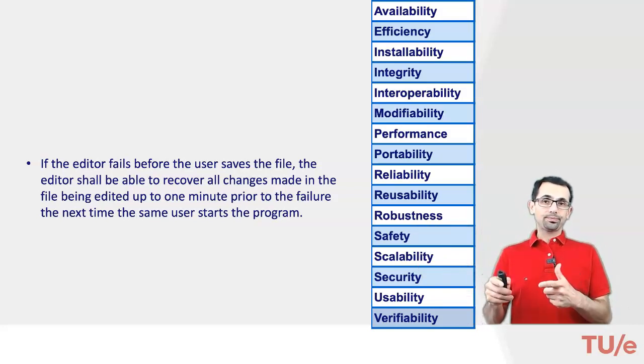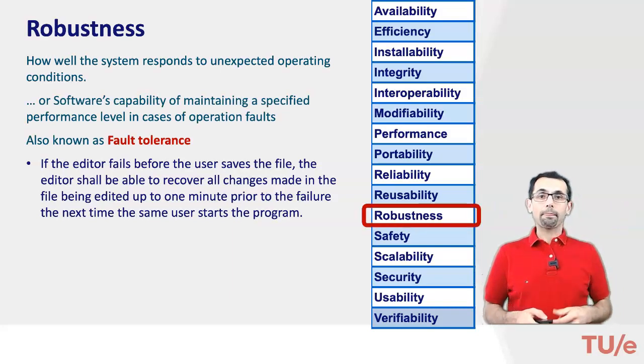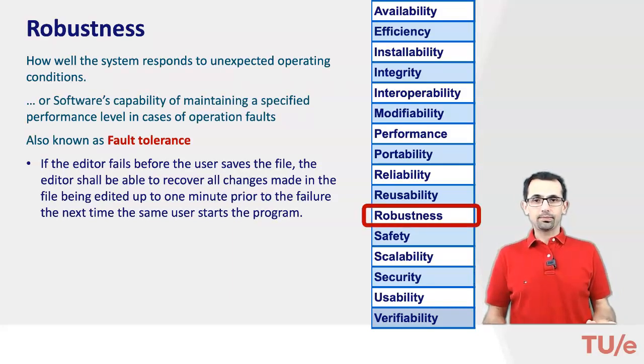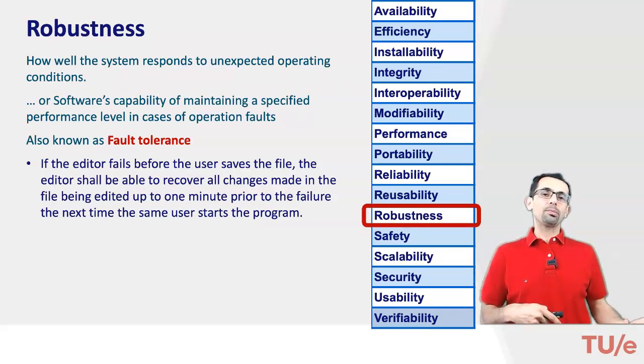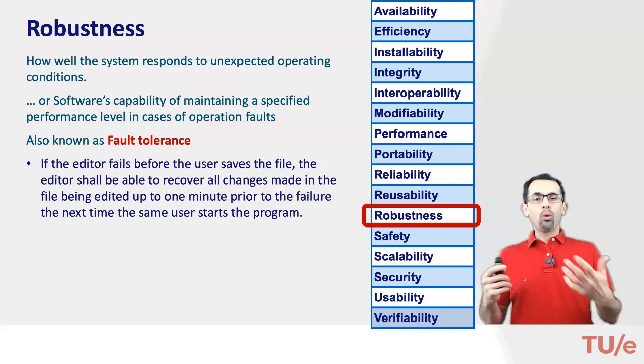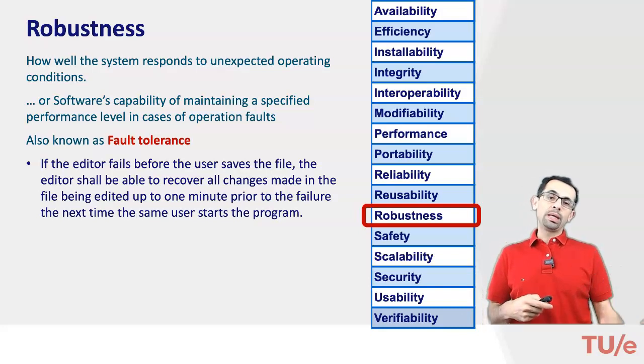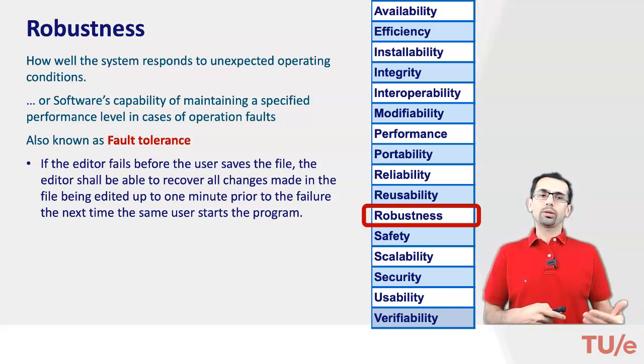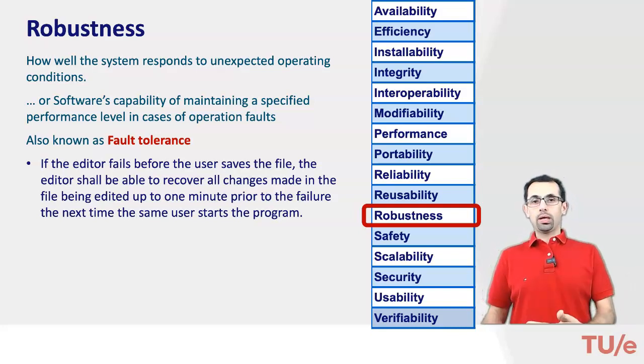What is this? Robustness. How well the system responds to unexpected operating conditions, or the software's capability of maintaining a specific performance level in cases of operation faults, which is very important and is also known as fault tolerance.